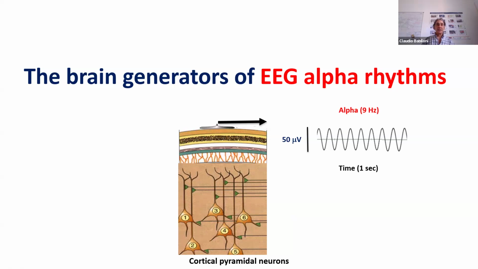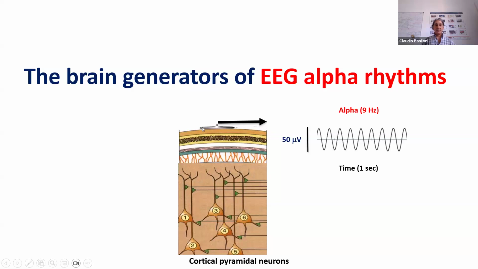Another important step of EEG research was the localization of the brain generators of scalp recorded EEG activity. And in this slide, you see the core finding and the core concept.